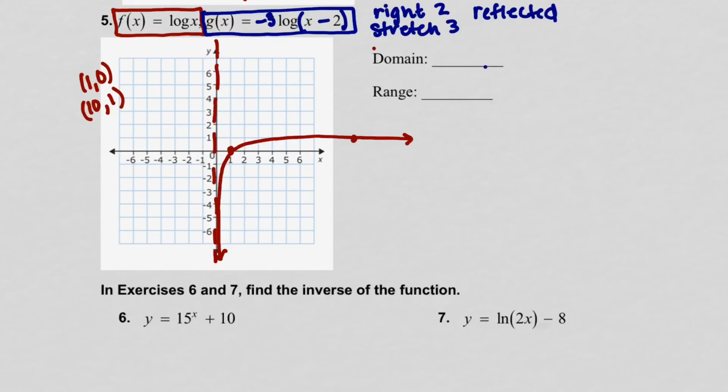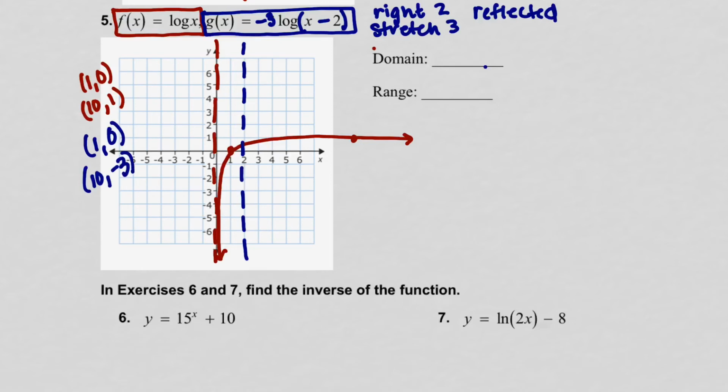Okay, so let's start by moving right 2. Right 2 is going to move my asymptote to the right 2. And then I'm going to stretch by 3 and reflect it. So let's just take that -3, and we're going to multiply that times my y's. So I'm going to have (1, 0) times -3 is still 0. I'm going to have (10, 1) times -3 is -3.